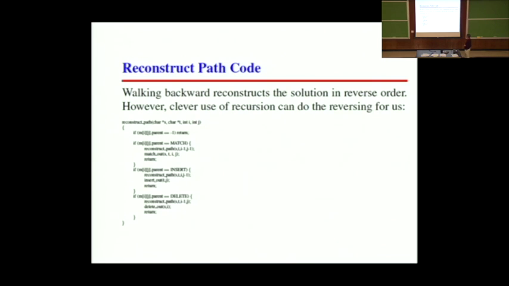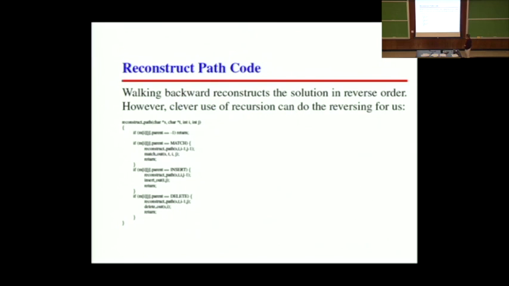Well, what I'm going to do is the following. If the parent of the last thing is a match, what am I going to do? I'm going to reconstruct the path up to i minus 1, j minus 1, and then output the last thing, which was a match.